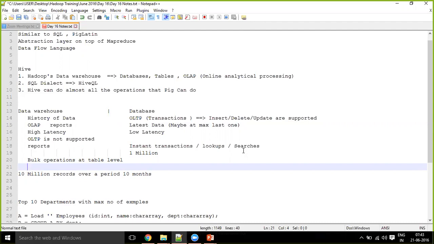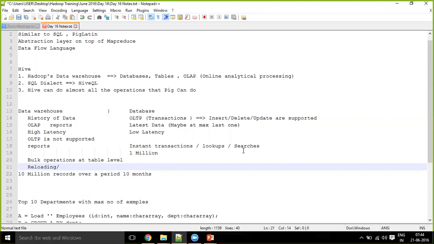So you should write those 10 records into your files by some mechanism, or you create a new file including the existing 10 million records and the new 10 records, and then reload this complete 10 million 10 records into the table. So reloading of data, if you want to have any changes inside that table.